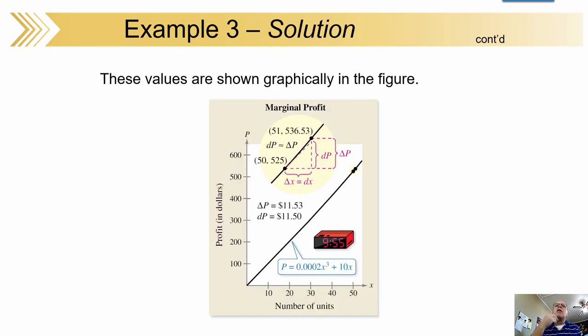There's a visual of what you've got in going from this level of production at 50 units to 51 units, an increase of 1 unit. We've talked about that for marginals. When that is increased by 1, how far up does the profit go? In this case, about $11.50, or exactly $11.53.